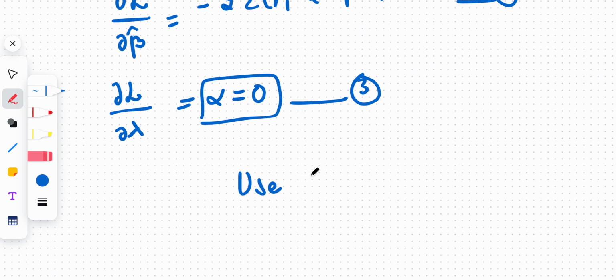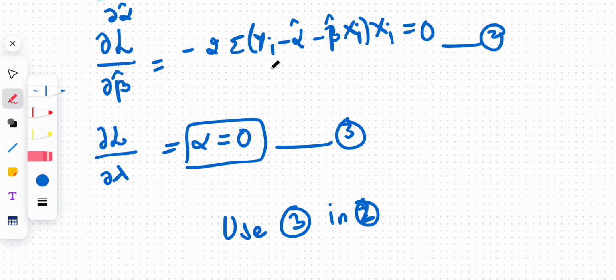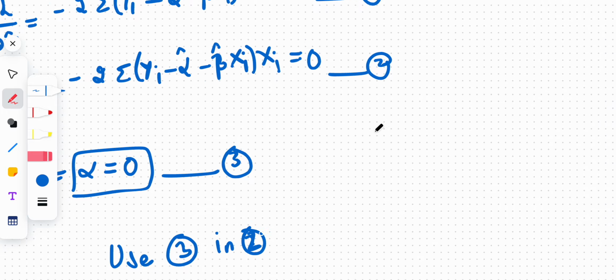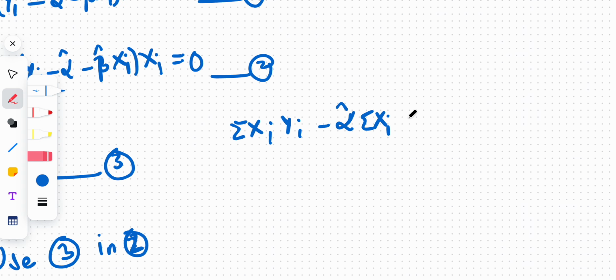Use 3 in 1 or in 2 actually, that'll be a lot quicker. So now I know this equation I'm going to use, I can use it here only. So this will basically become, this was my equation, right? This I've taken now to be 0.